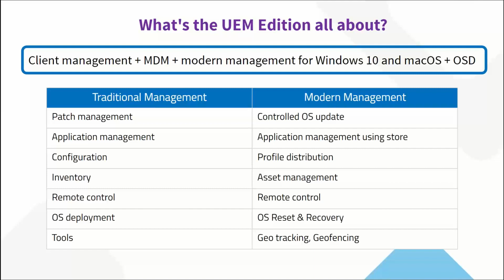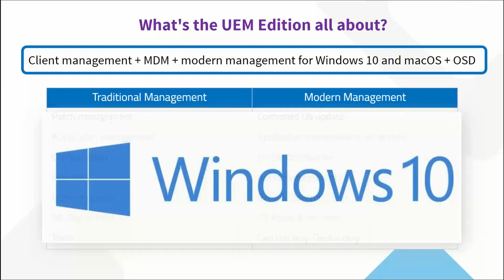It supports features like geofencing, geo-tracking for your laptops, and distribute store applications, profile distribution to enforce restrictions, operating system reset and recovery. Can you guess a popular operating system when I say modern operating system? Yes, it's Windows 10. Windows 10 is a classic example in which we can manage both traditional and modern management. Desktop Central can manage both the worlds of traditional and modern from a single console.